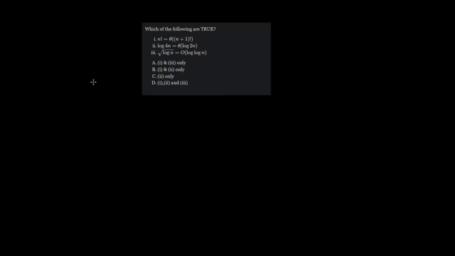So the first one is n factorial equal to theta of (n plus 1) factorial.